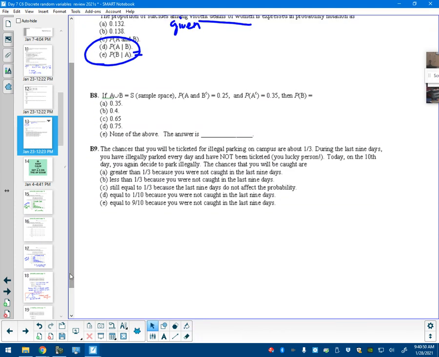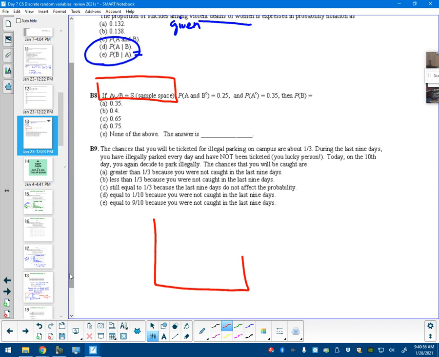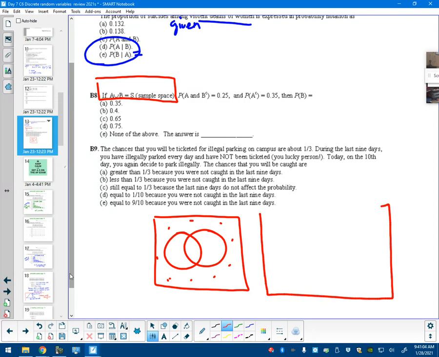Basically, if A union B is the whole sample space, instead of having this drawing with something out here, we have this drawing. Here's A and here's B, and that's all we have if there's no overlap.